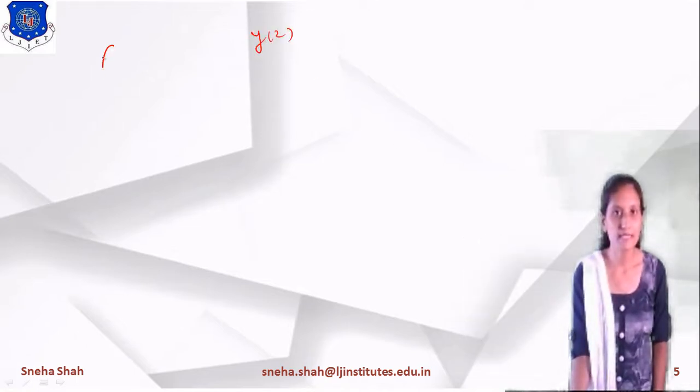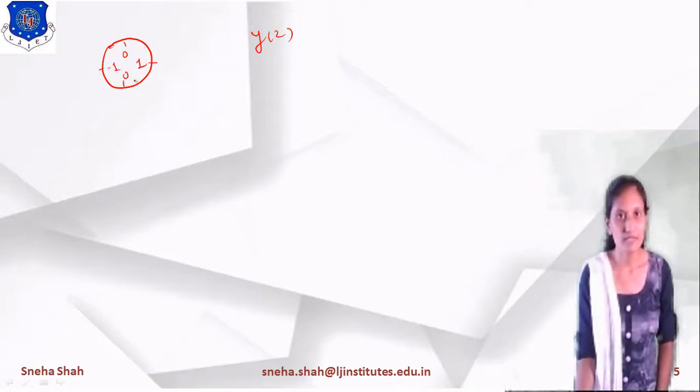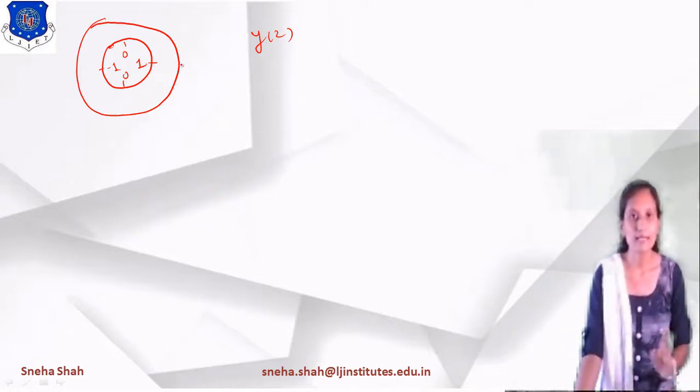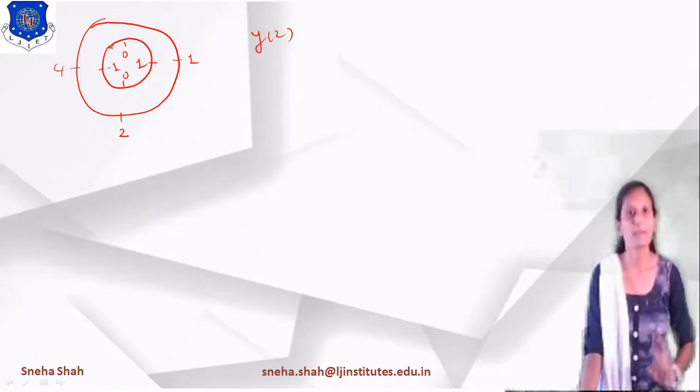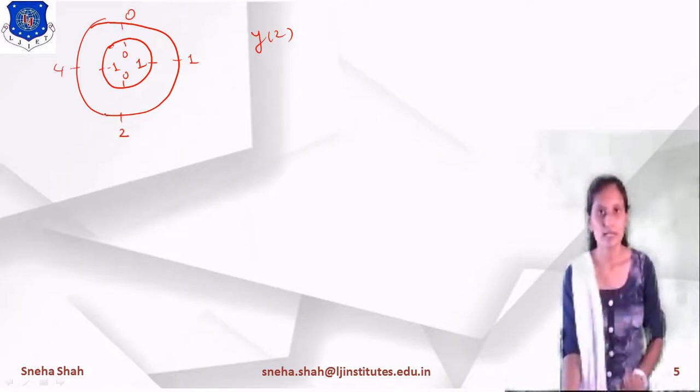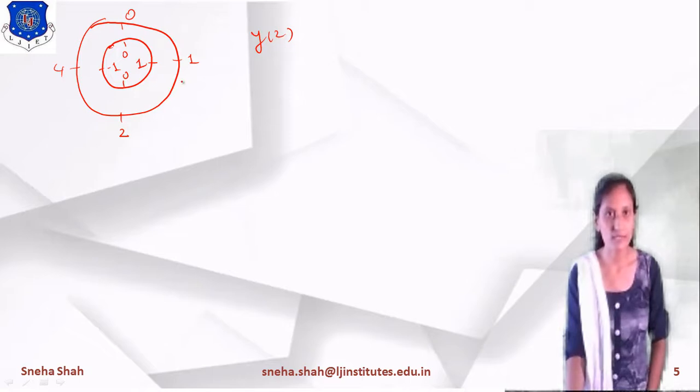First we represent x of n, its value is 1, 0, minus 1, 0, right? Now over here we have represented 1, 2, 4 and 0 clockwise, but we have to shift 2 factors. So this one comes over here and this one comes over here.